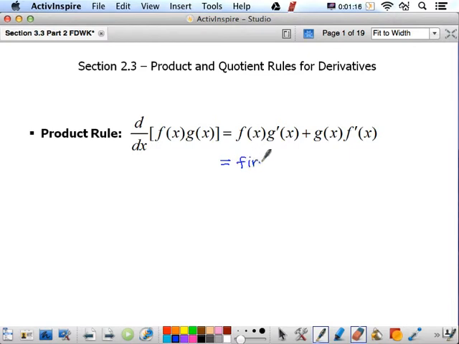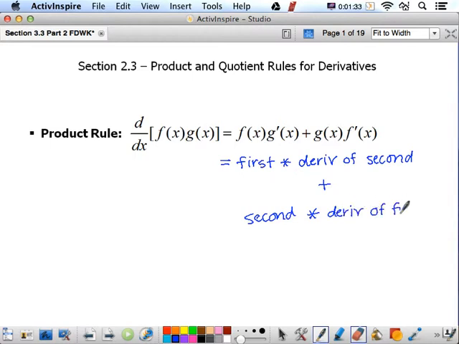First times the derivative of the second plus the second original function times the derivative of the first. You'll hear that sometimes said first d second plus second d first. First d second plus second d first.